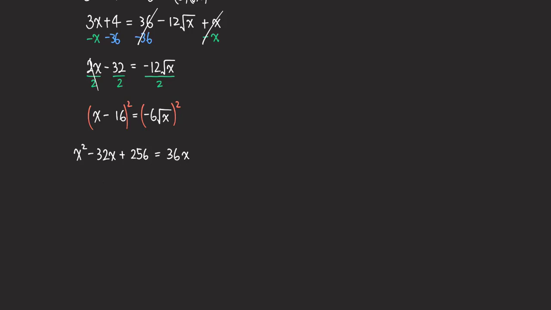So we are going to subtract negative 36 from both sides. So it becomes x squared minus 68x plus 256, and that is equal to 0. Okay, and then now we can actually try to factor this equation.